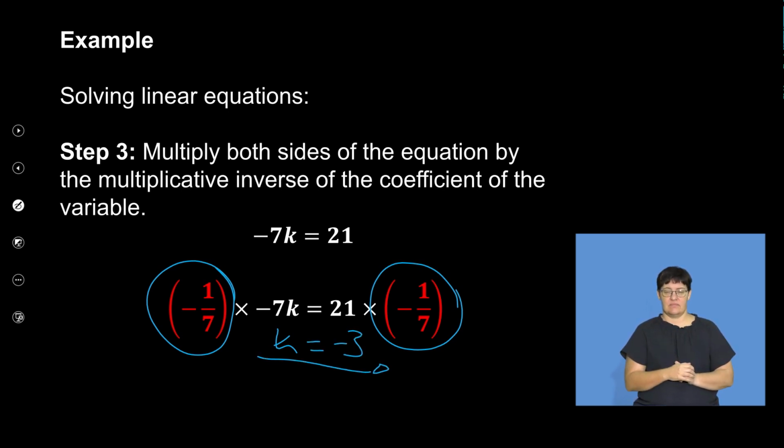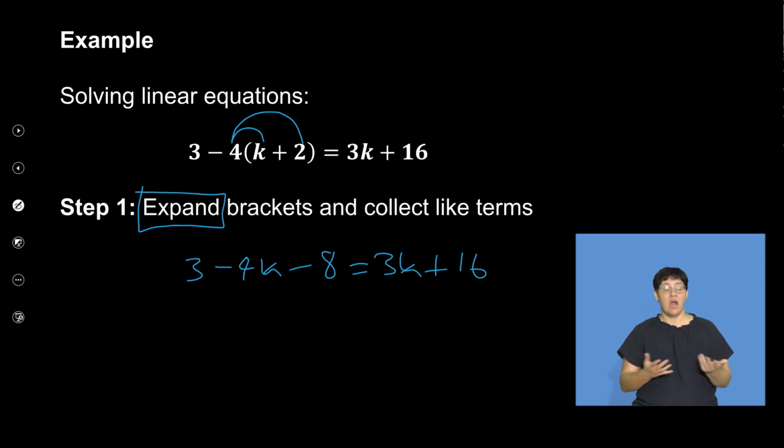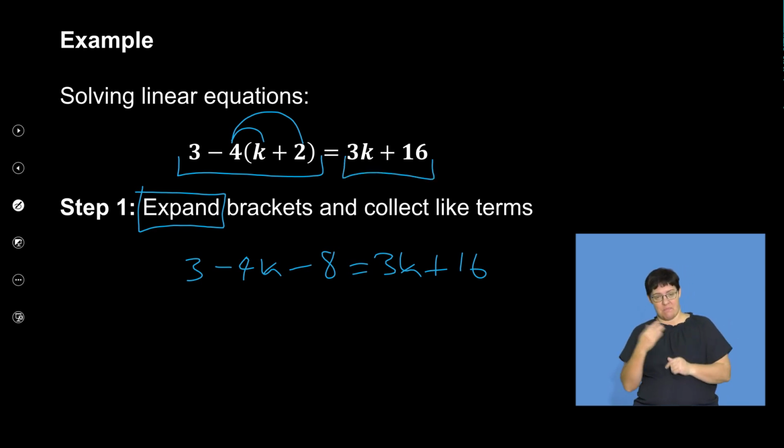Now, one of the beautiful things when it comes to equations is that you can always test your answer whether you are correct or not. By doing what? By substituting the variable that you got, right? If you find that the left-hand side is equals to the right-hand side, then it means your solution is correct. Because remember, the equal sign means that both sides have the same value at all times.